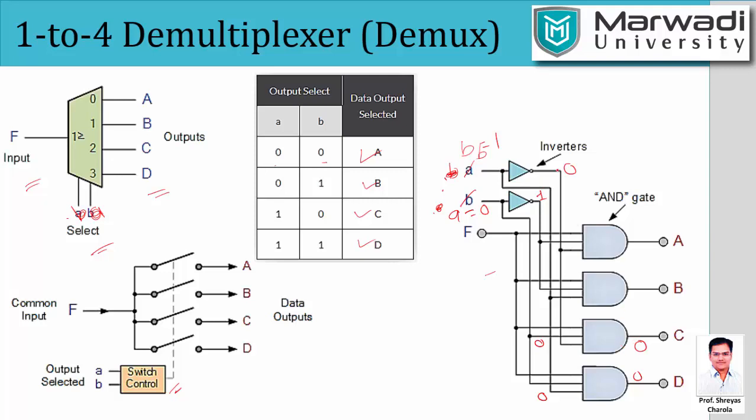Now for this case, this is 0, so I get the output as 0, and again this output will be 0. For this it's a 1, and for this it's a 1, and this is the input. So I will get the output f equal to b, that means a 0 1 selection will forward the input to the second output.